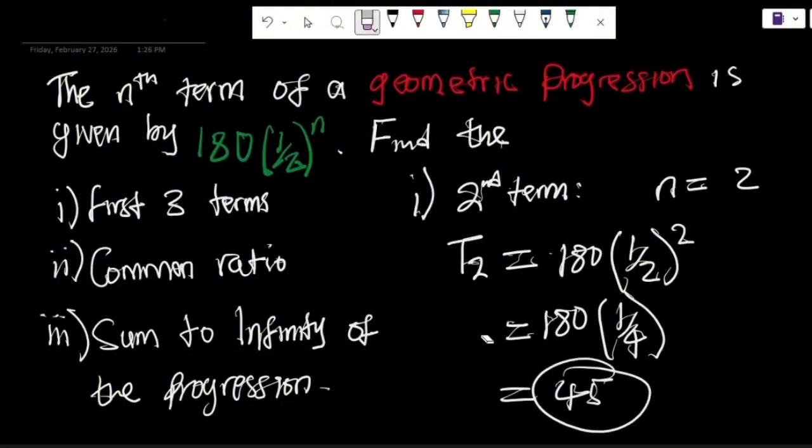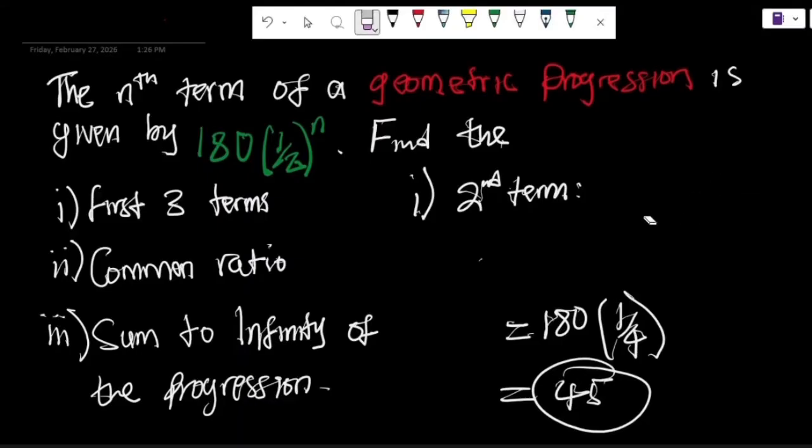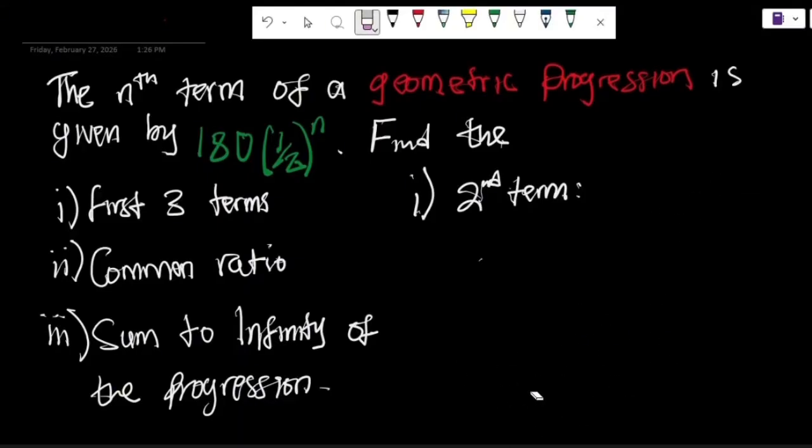Now we can go ahead and find the third term as well. For the third term, the value of n is 3.